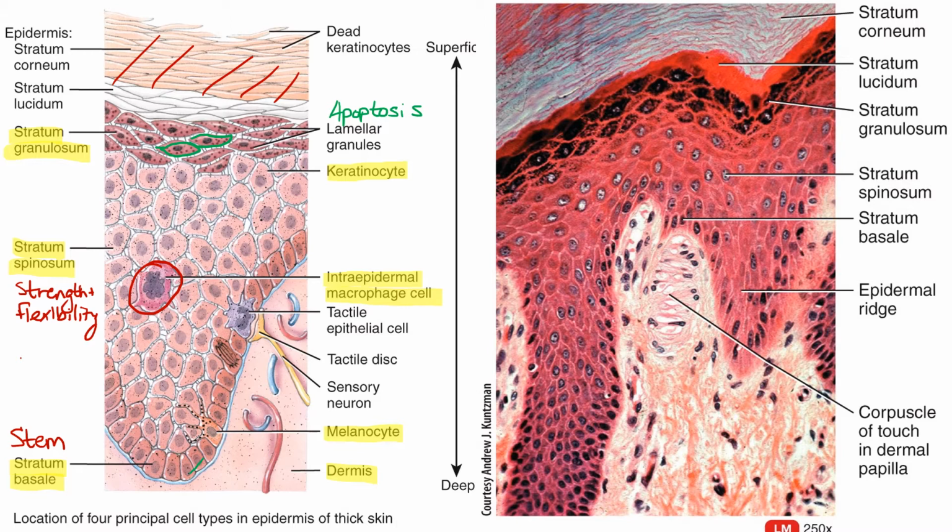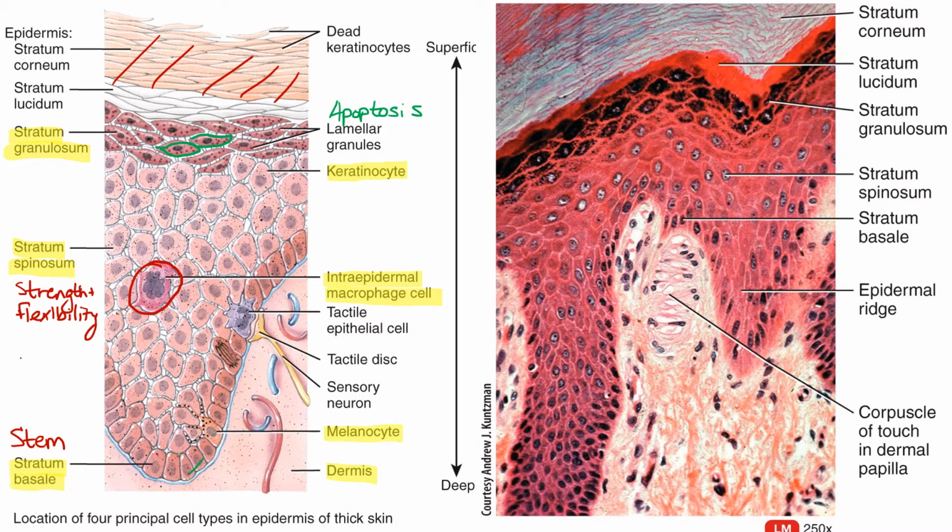Now in this layer, the cells are no longer producing the keratin intermediate filaments, but because the cells are getting smaller, these filaments are more apparent. We can see them more under the light microscope, staying a little bit darker.